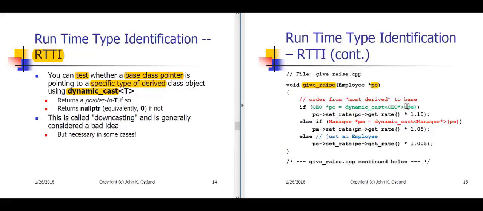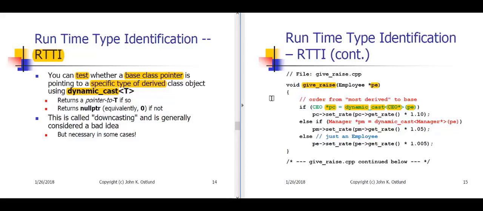If I say convert PE to be a pointer to a CEO instead of a pointer to an employee using dynamic cast, what will happen is if the kind of object that PE is pointing to is a CEO, then I will get back a pointer to a CEO.